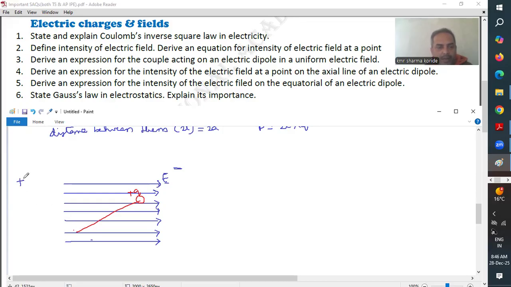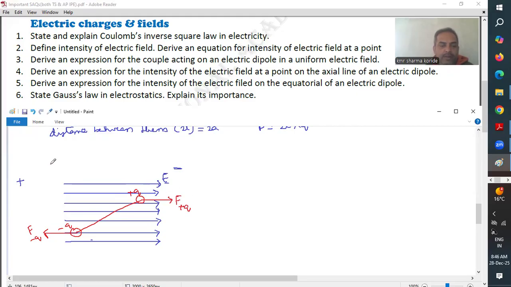The side on which the positive of the electric field is there, you give the negative charge, because there is a chance for the negative charge to get attracted towards the positive of the field. So therefore, this positive charge will experience force like this. This is force on the negative charge of the dipole by the field. This is force on the positive charge of the dipole by the field.